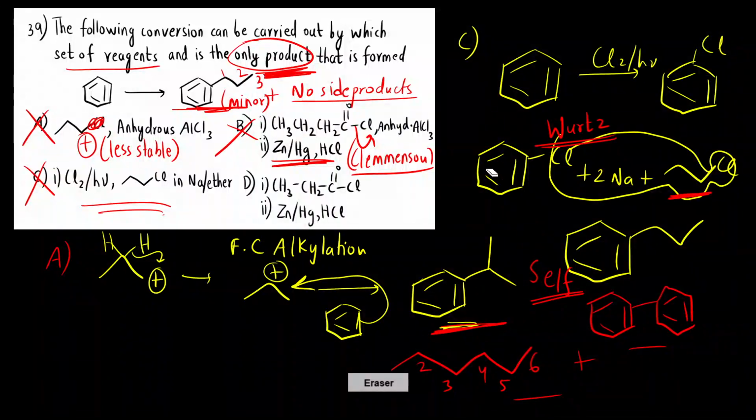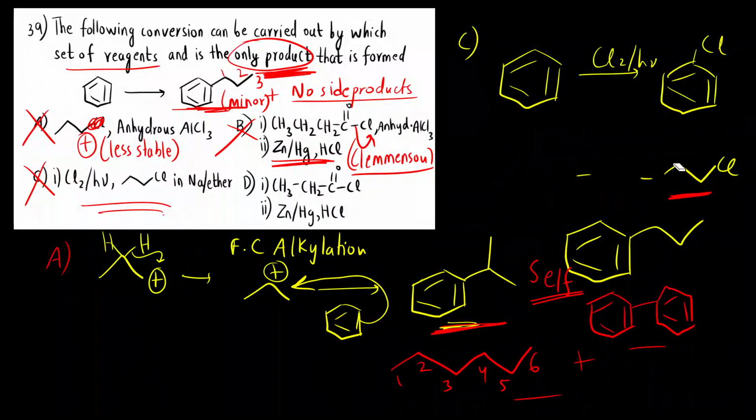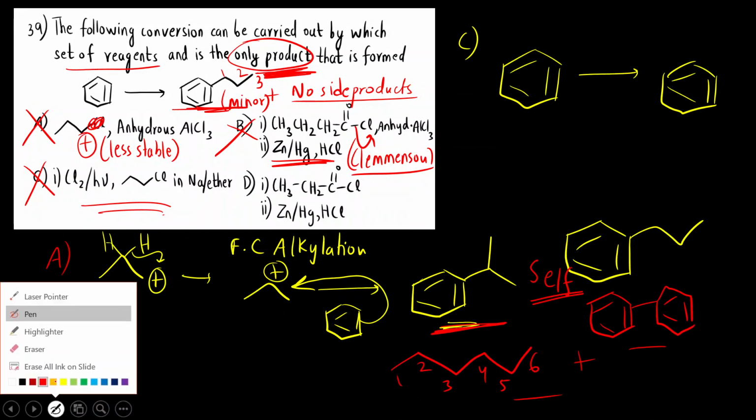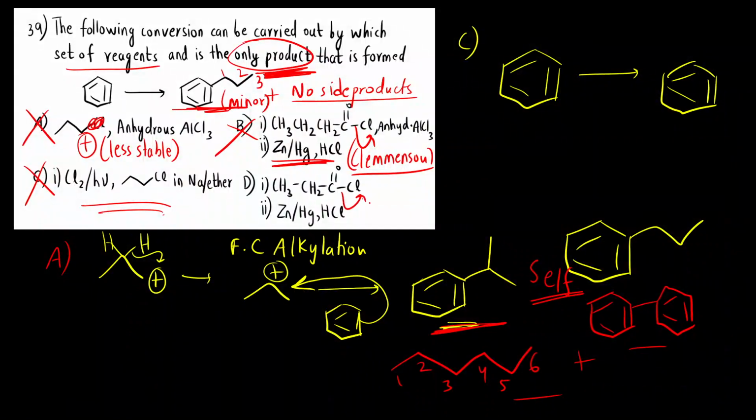D, if we see, first step is going to be removal of this Cl group. What I will get? CH3, CH2, C double bond O plus. Okay, benzene ring will attack here.